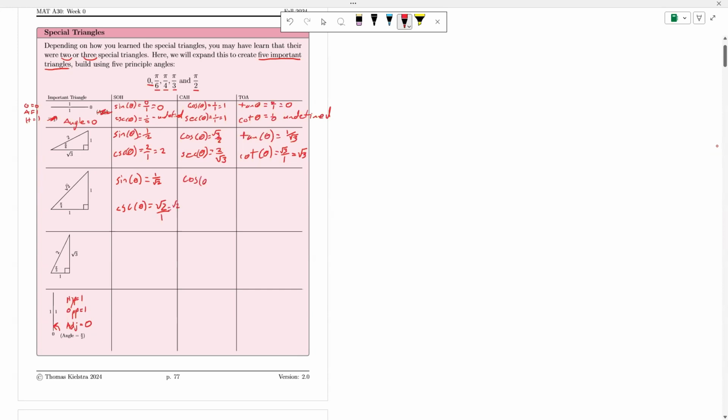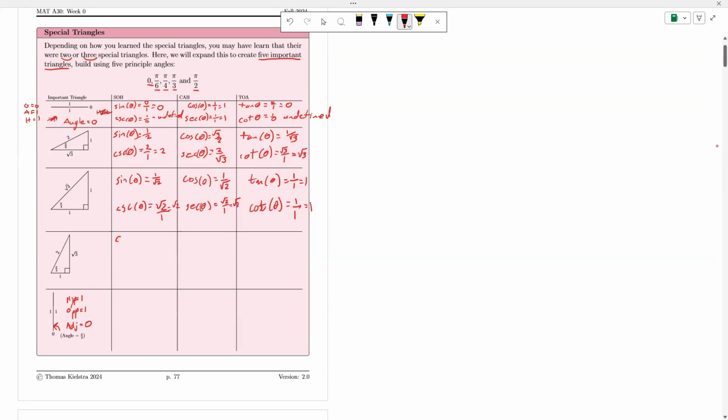Our cos of theta equals adjacent over hypotenuse, which is 1 over root 2, whereas our secant of theta is hypotenuse over adjacent, which is root 2. Our tan of theta is opposite over adjacent, which is 1. And our cotan of theta is adjacent over opposite, which gives us 1.